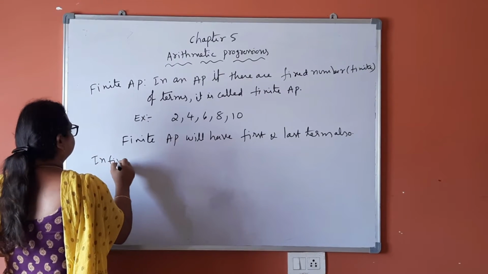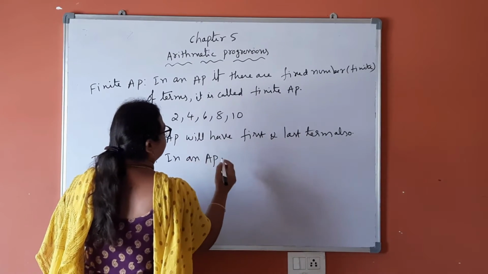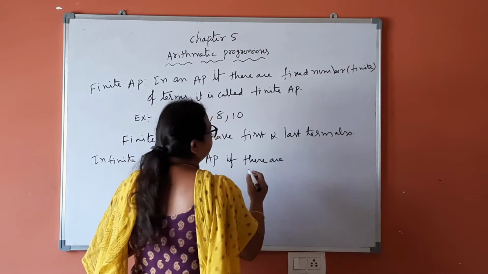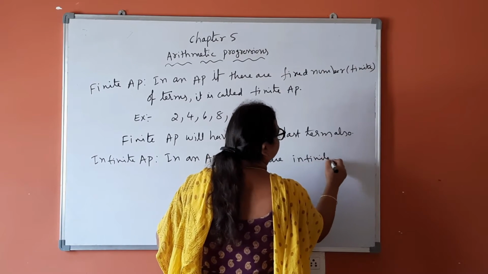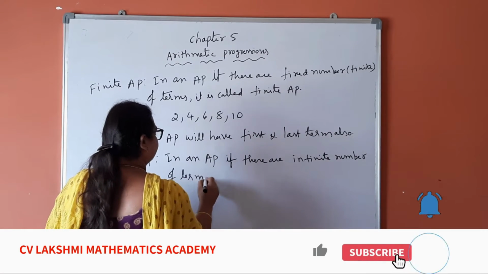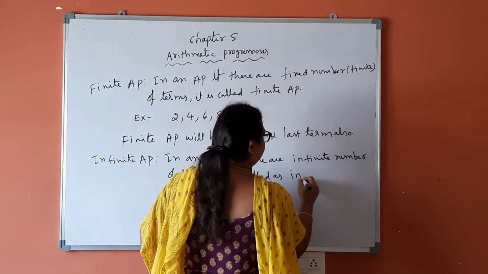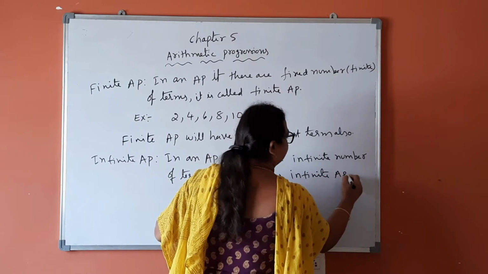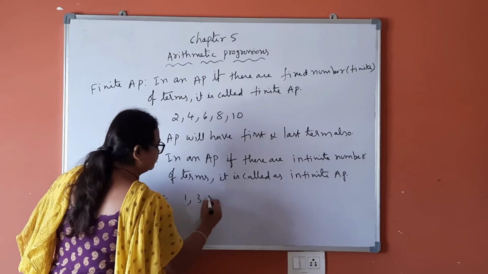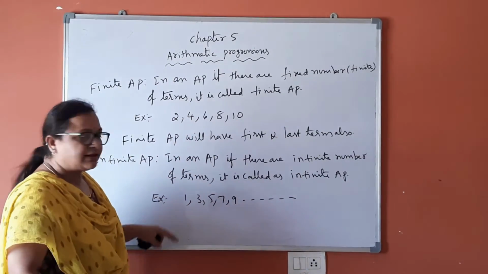Infinite AP. In an AP, if there are infinite number of terms, it is called infinite AP. For example, 1, 3, 5, 7, 9 and so on.